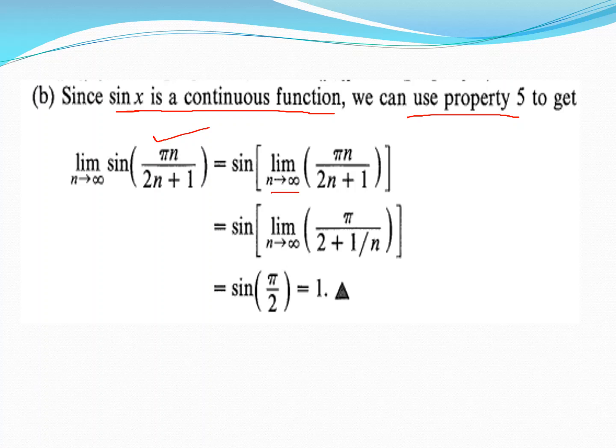We divide denominator and numerator by n, or we can take common n from the denominator and, cancelling the n in the numerator, we have this value. Now applying the limit, you see this will go to 0 and we will be left with sine pi by 2, and we are aware that sine pi by 2 is equal to 1.